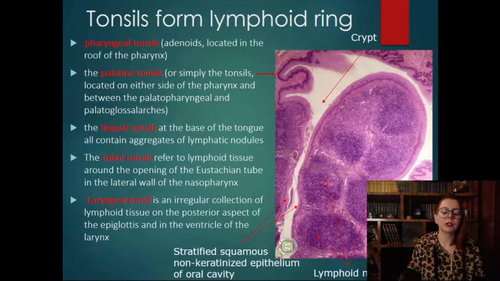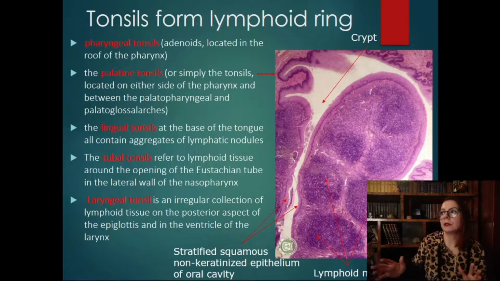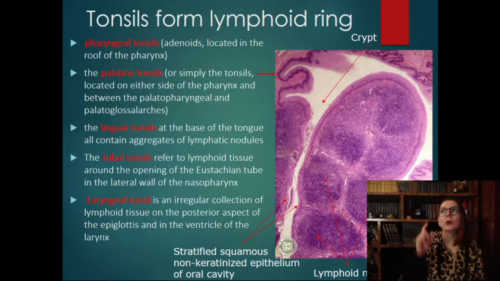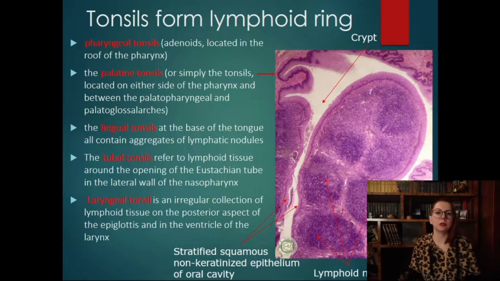And after we have discussed the function of the spleen and of the lymph node, we have to say that there are many other lymphoid organs, and I want to highlight that the majority of our lymphocytes in our organism are associated with the digestive system.